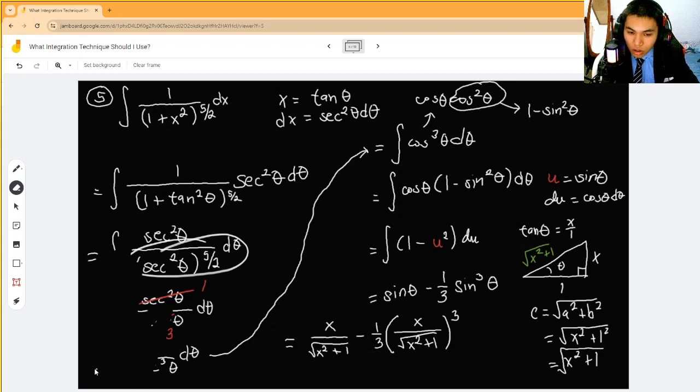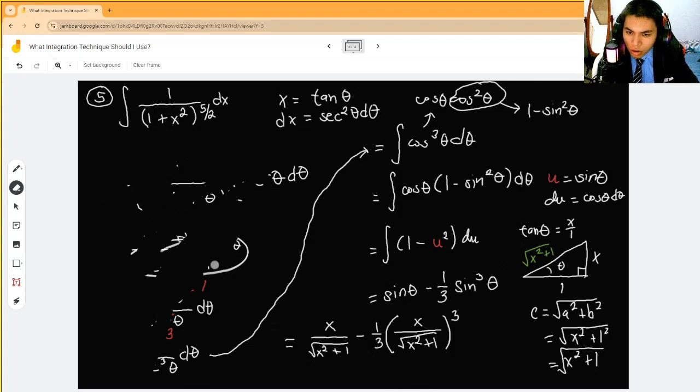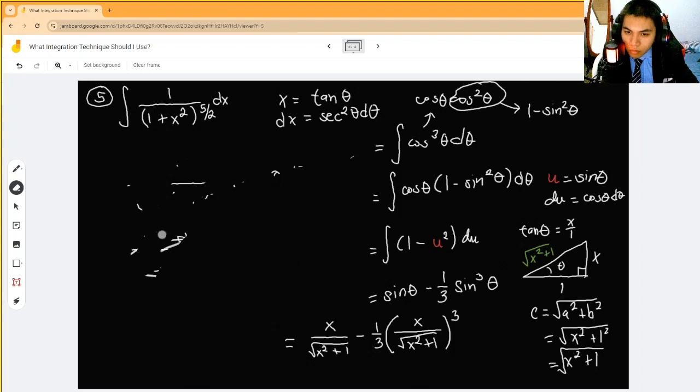I just want to use one page as much as possible, since I think other problems are going to take long as well. You can erase this part right here. Okay. You check.